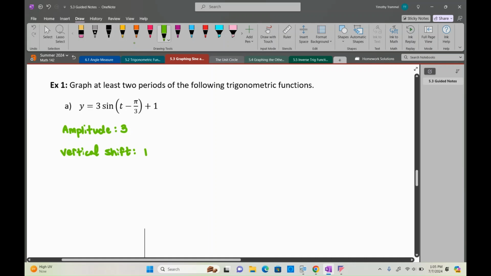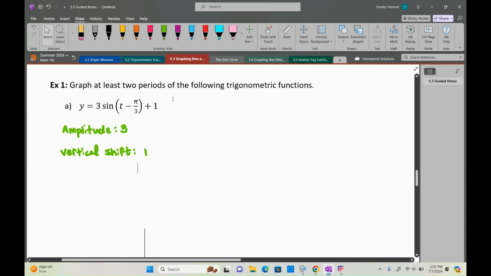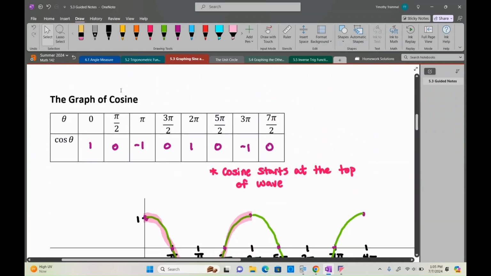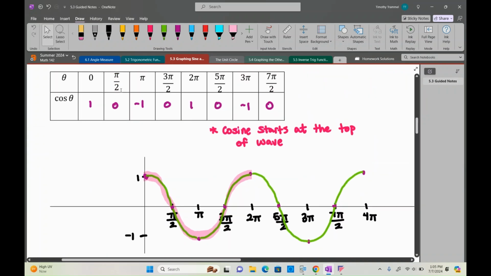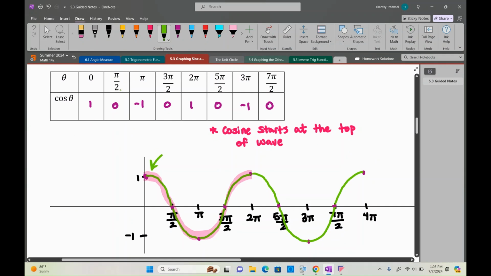Right. So with these two values right here, we can actually set up our y-axis. So your amplitude is actually really how far we're going to travel from the middle of the wave to the top of the wave, or similarly from the middle of the wave to the bottom of the wave. So up here, when we're talking about the parent function for sine and cosine, the biggest and the smallest that they can get is 1 and minus 1.